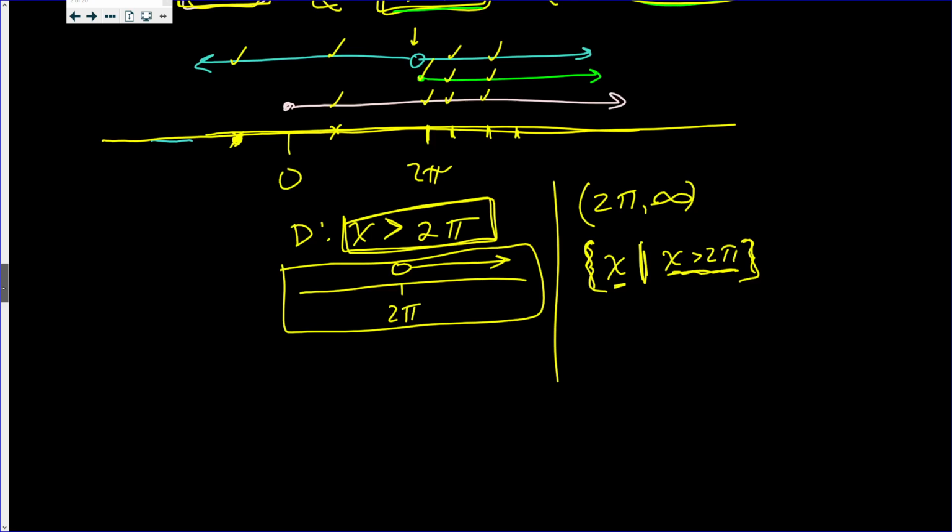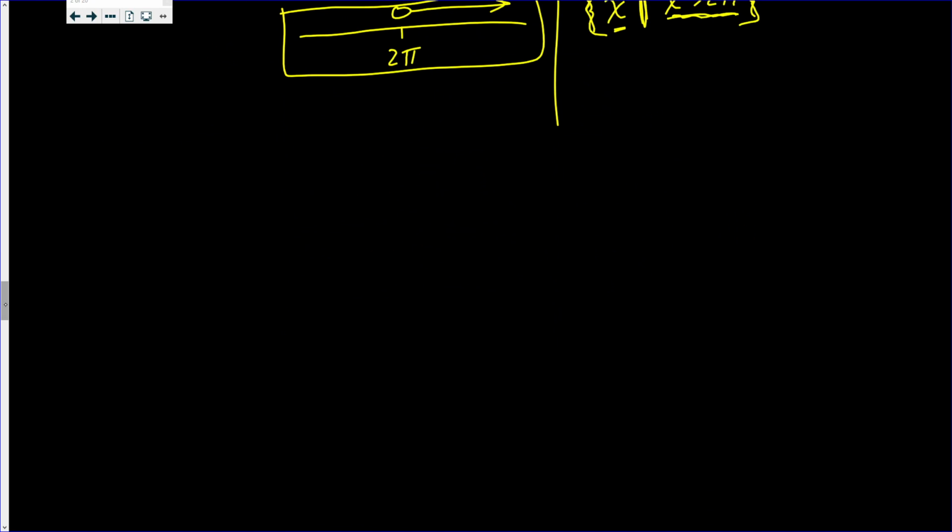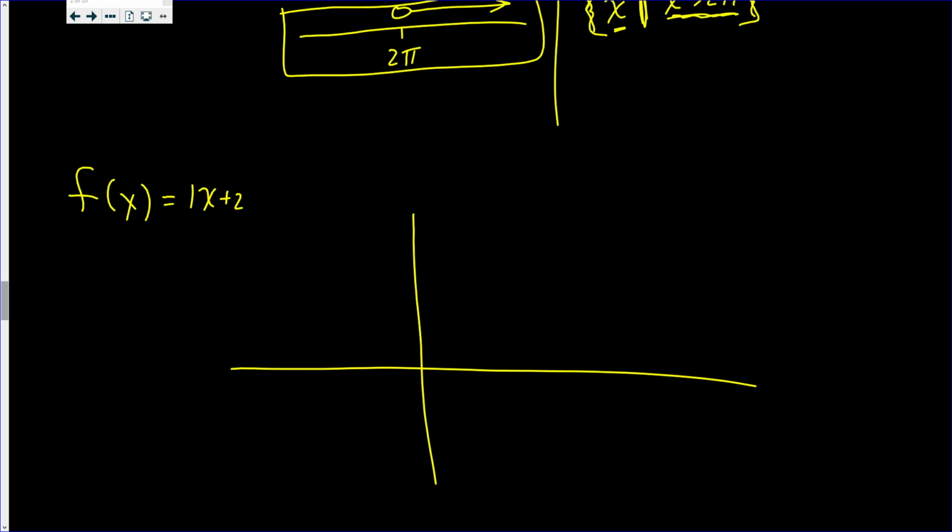Now let's talk more about the range. Suppose f of x is 1x plus 2. Now, a horizontal line has slope 0, and a vertical line has slope infinity, or no slope. This has neither of those slopes.